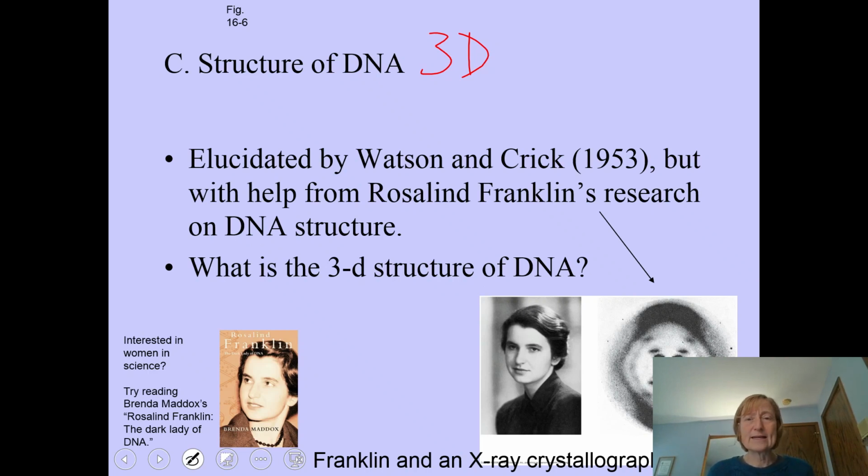And finally, in the 1950s, Watson and Crick, who were working in England, Watson was an American researcher, they published a paper in Nature that basically stated a number of different pieces of the puzzle, and basically they elucidated, or they figured out the structure of DNA. And they received the Nobel Prize for doing so.